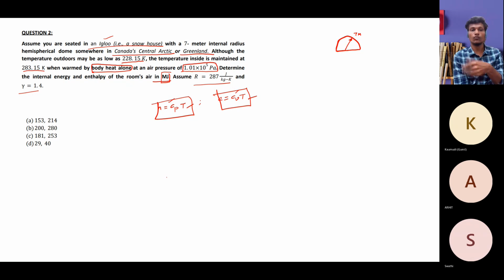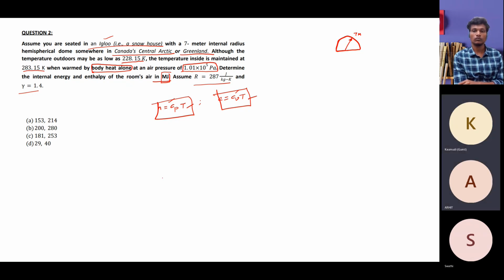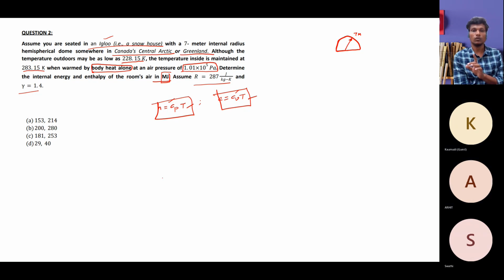Let's go step by step. Any idea of how to get Cp and Cv? Sir, from the gas constant R we can find Cp and Cv, and if gamma is given, from gamma and R we can find Cp and Cv.